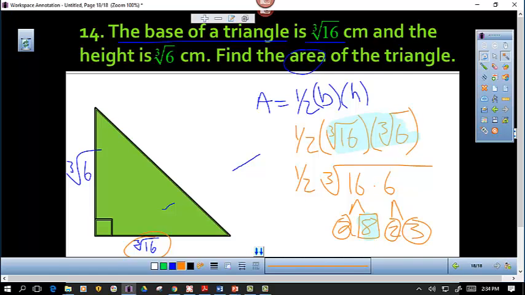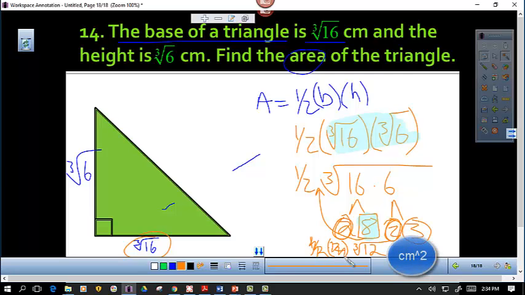The cube root of 8 is 2. So we have 1/2 times 2, because that perfect cube comes out. Then we have the 2 and the 3 left underneath the radical, in the radicand. So you have the 2, the 3, and the other 2 as well, which gives you 12. When I simplify this, you're just left with the cube root of 12 as the area of this triangle.